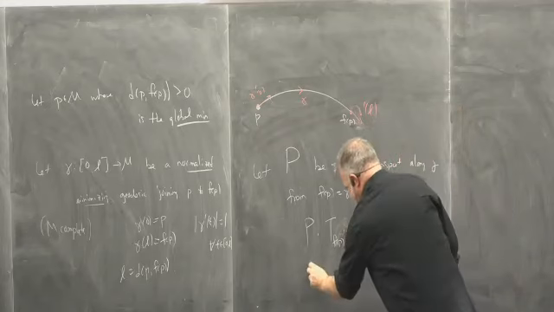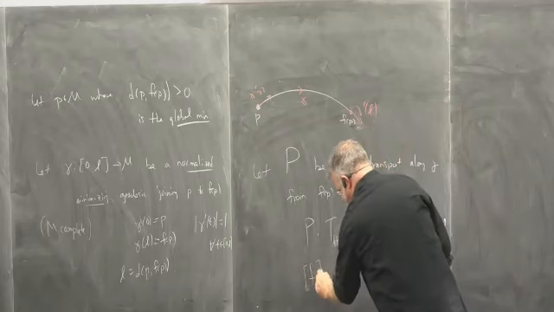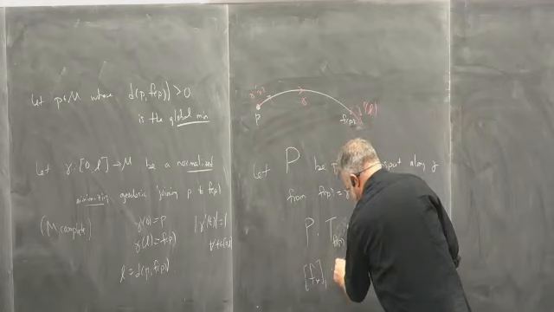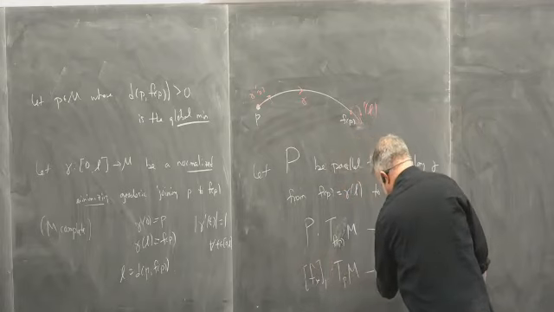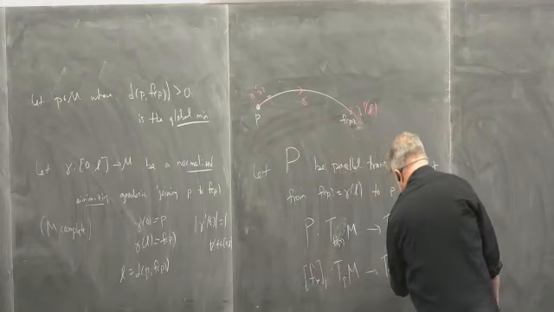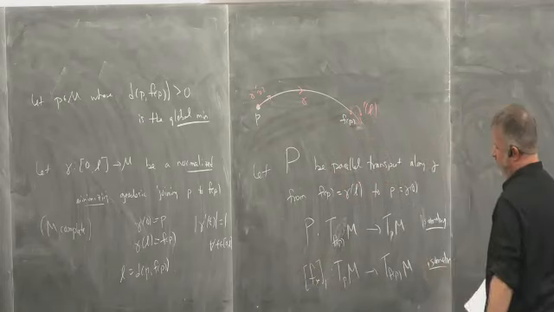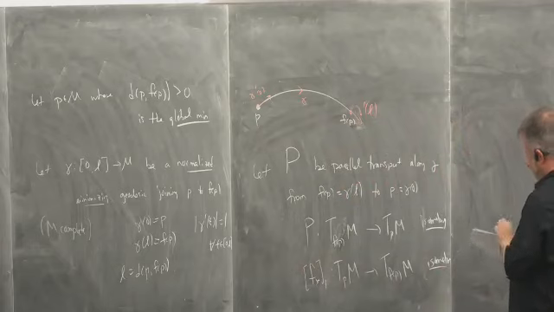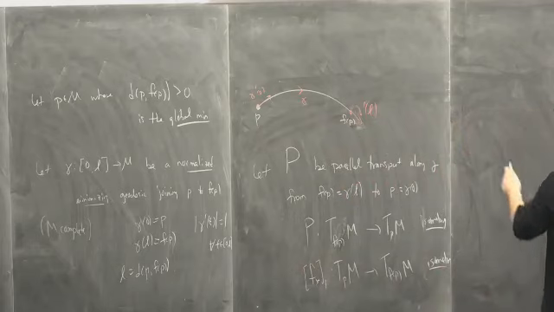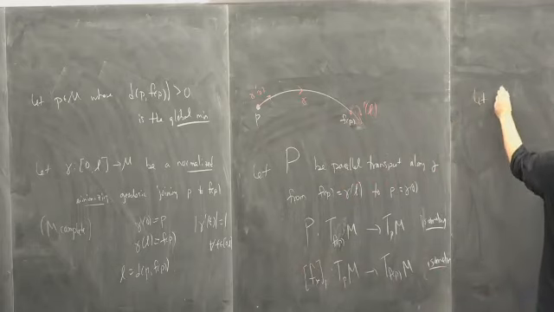Okay. We also have the push forward of little f at the point P. This goes from T_P M to T_{F(P)} M, and this is also an isometry, right? Because f is an isometry. So therefore, let A tilde be the composition of these two.